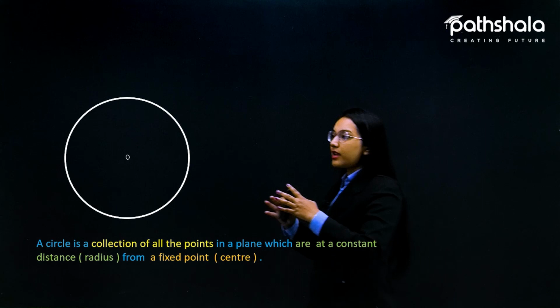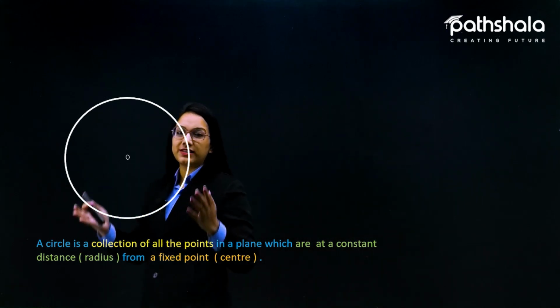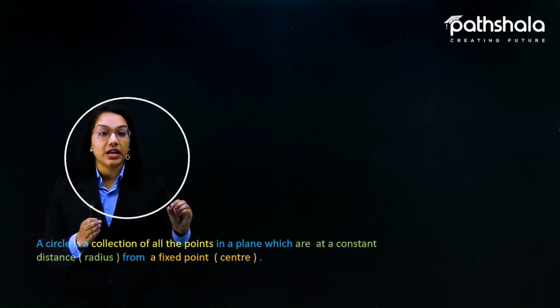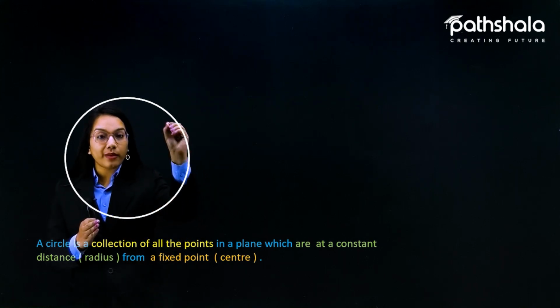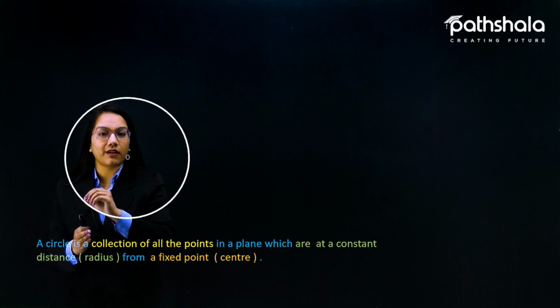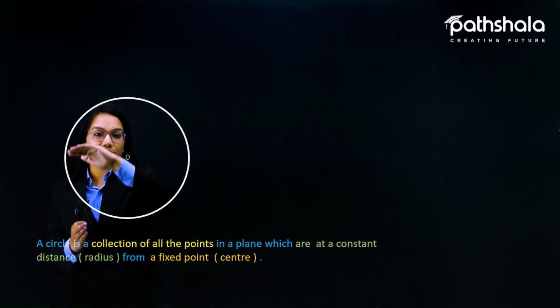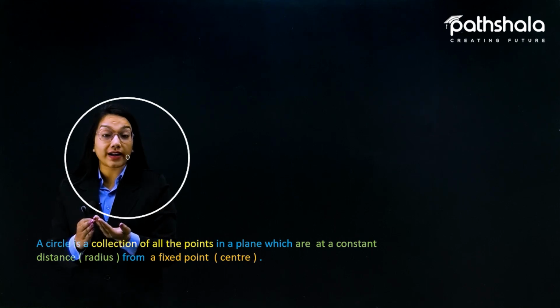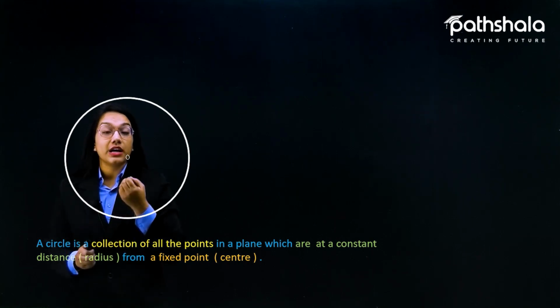You can see from this particular circle that it is a collection of all the points. These are all the points in this circle. So we can say a circle is a collection of all these points lying in a plane which are at a constant distance.